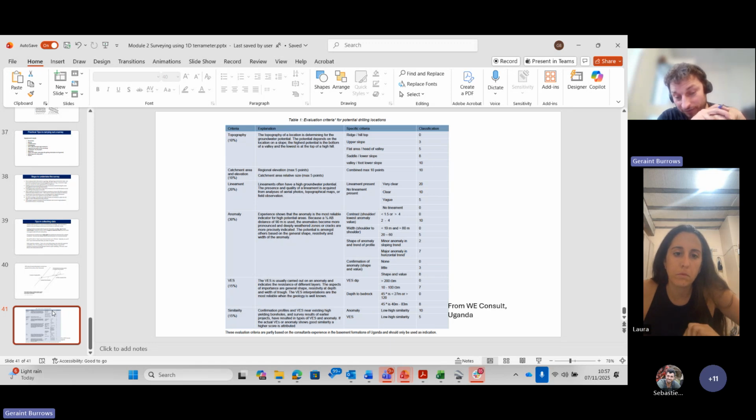So if it can be arranged for the person who's siting the borehole to also be around for the drilling, then that's a good learning experience.